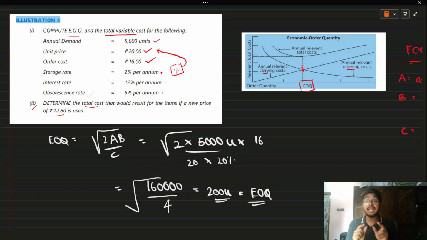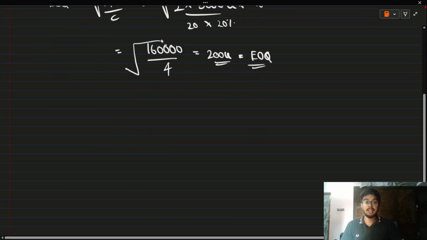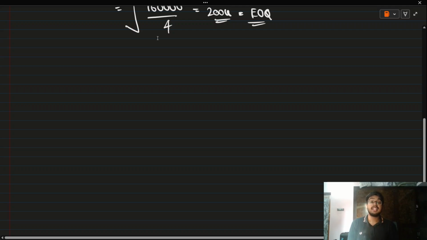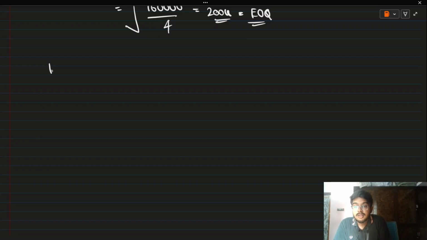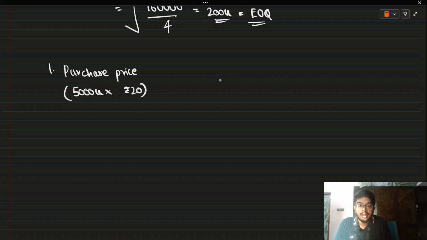Next, we also need to find total variable cost. Total variable cost constitutes three items. First item is purchase price. Annual demand 5000 units into rupees 20 comes to 1 lakh. Am I right? Then ordering cost or buying cost.